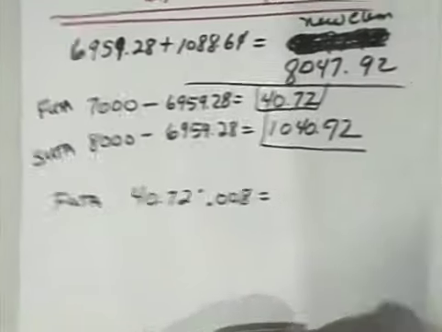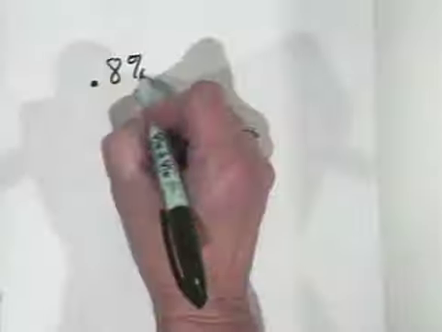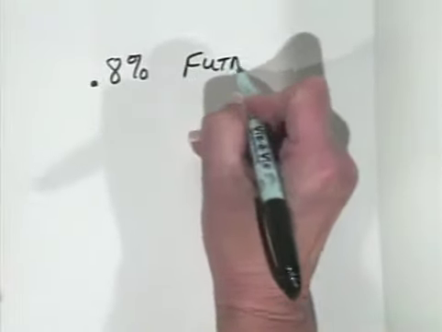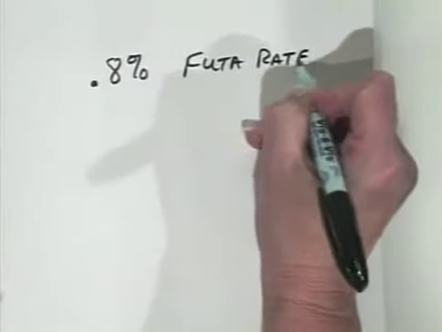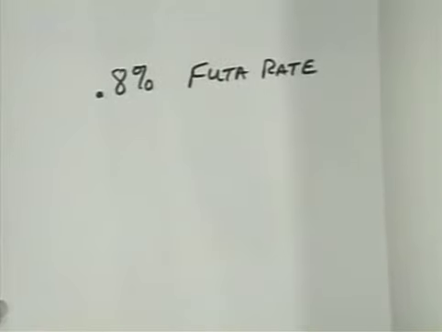Just give me a minute. I'm going to move this piece of paper. We're going to walk through that one because that is the most common mistake people make with that rate. I've got 0.8% as my FUTA rate. I need to change 0.8, which is a very tiny number. It's less than 1 out of 100, yes, to a decimal.